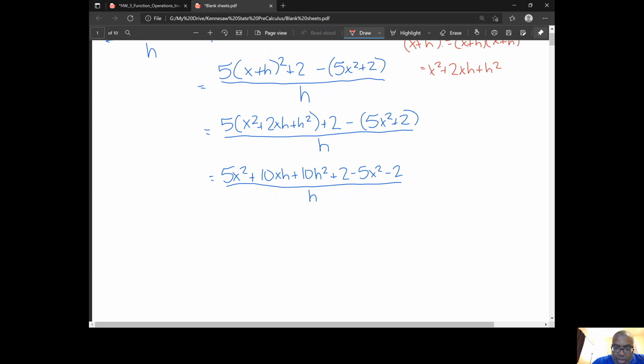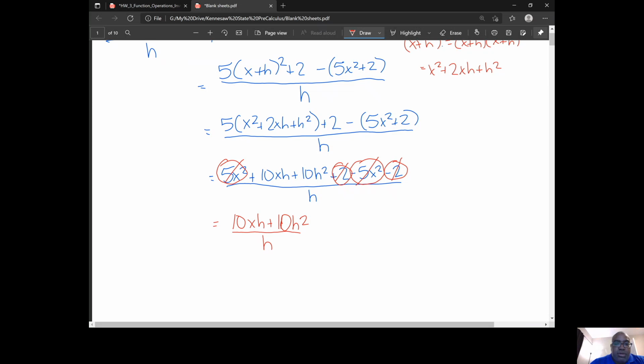So we have a negative 5x squared and a positive 5x squared. That equals 0. We have a plus 2 and we have a minus 2. That equals 0. So I'm left with 10xh plus 10h squared over h. Now they did tell us to simplify this as much as possible.